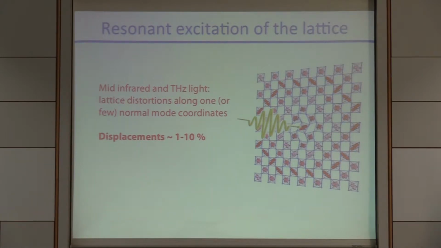If you have a field of, let's say, 10 megavolt per centimeter resonant with an odd mode, you could drive the atoms to many percent, let's say 10%, of the unit cell. So now we're thinking of almost like cold gas experiments in which one shakes the lattice and looks at the new average properties.